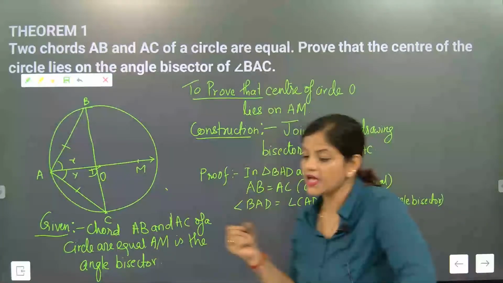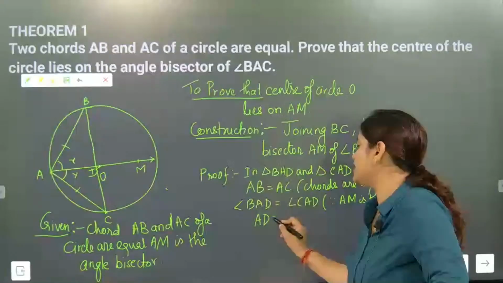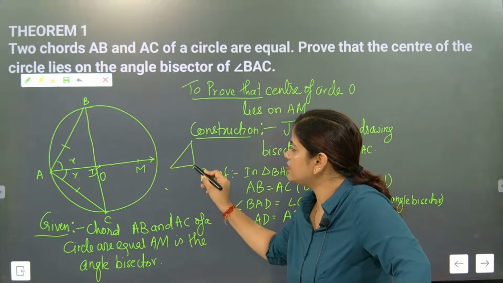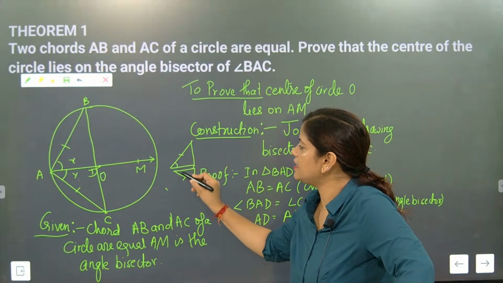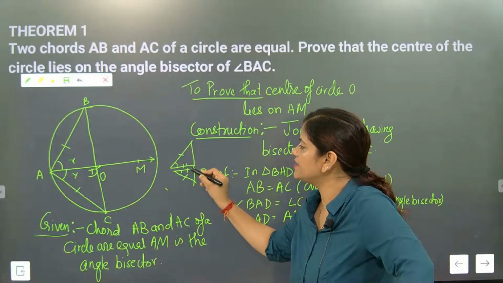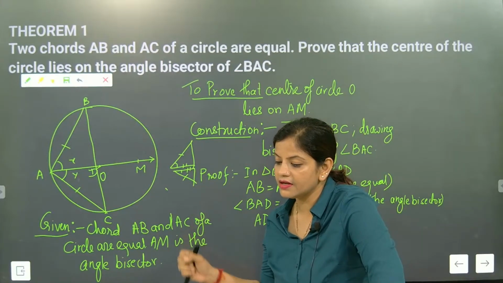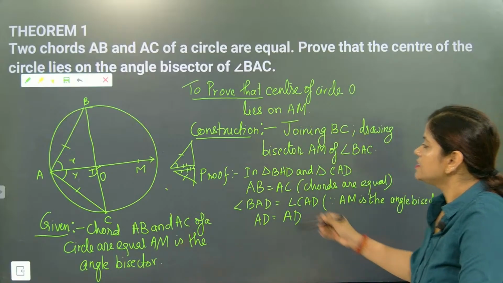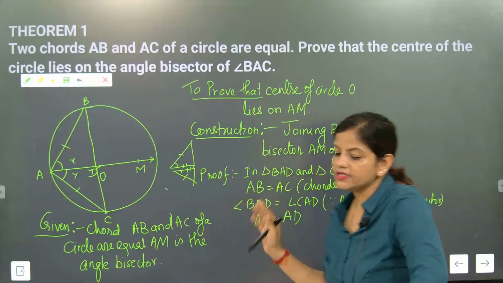Then AD is equal to AD, AD common in both. So what we have seen in this triangle and this triangle: this side equal to this side, this angle equal to this angle, and this side equal to this side. So what is exactly the criteria? Side, angle, side.